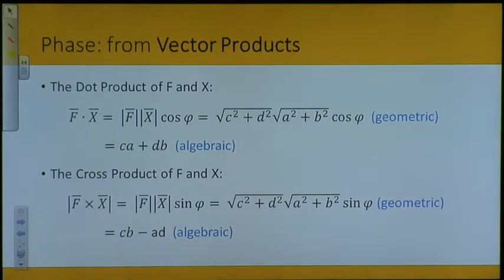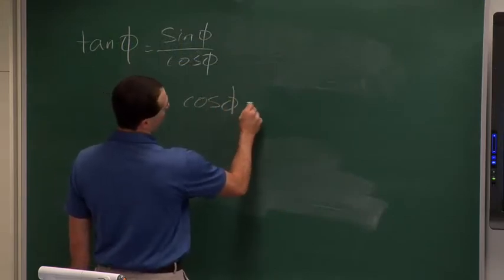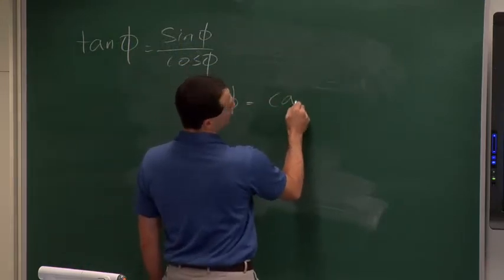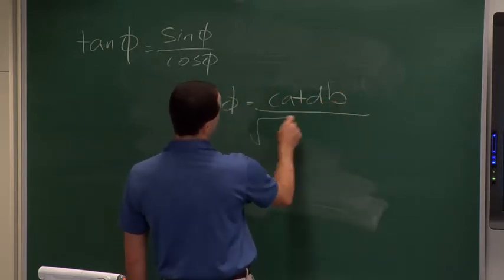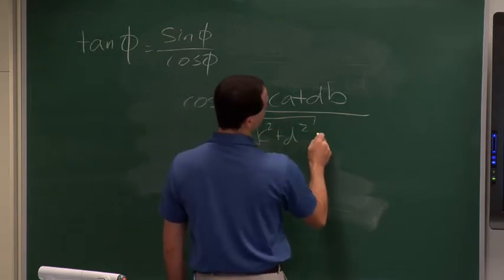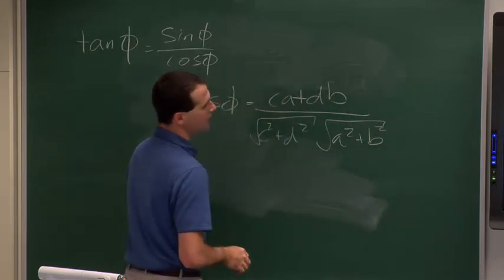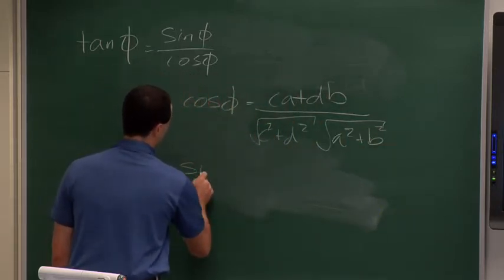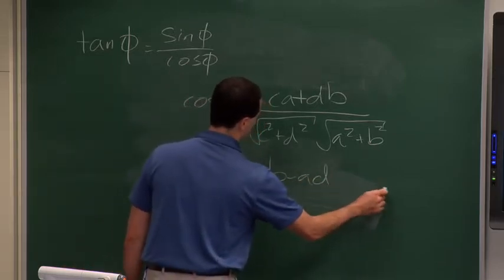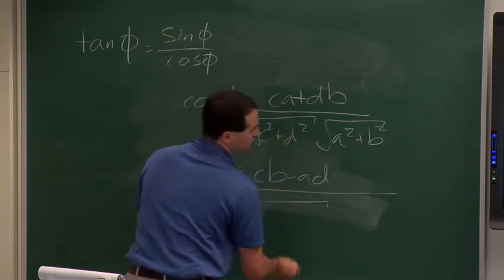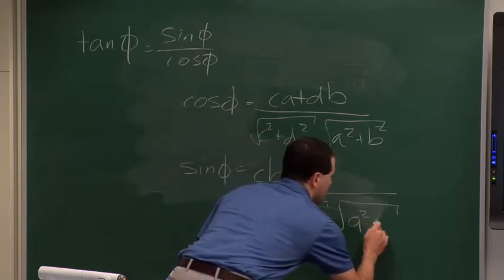So for the first one, I want to isolate cosine. So I have cosine phi equals CA plus DB, and then I divide by those two magnitudes, so the square root of C squared plus D squared, and the square root of A squared plus B squared. And then for the cross product, I'm going to isolate sine, and I got CB minus AD over the two magnitudes again, C squared plus D squared, A squared plus B squared.